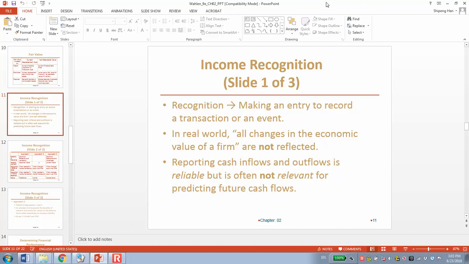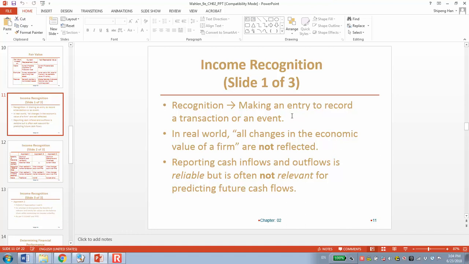Okay, so the balance sheet shows the financial position at a point in time, while the income statement shows the change of all the financial position during a period. So when we make any journal entries, we record the change of the assets and liabilities.